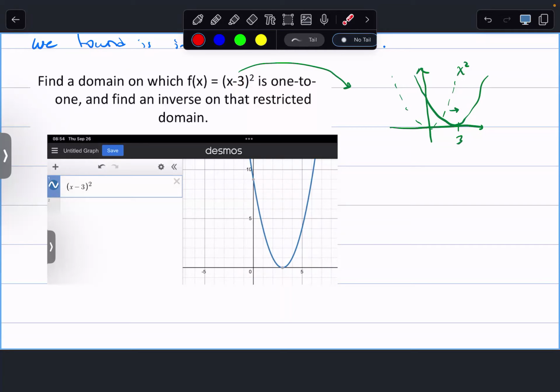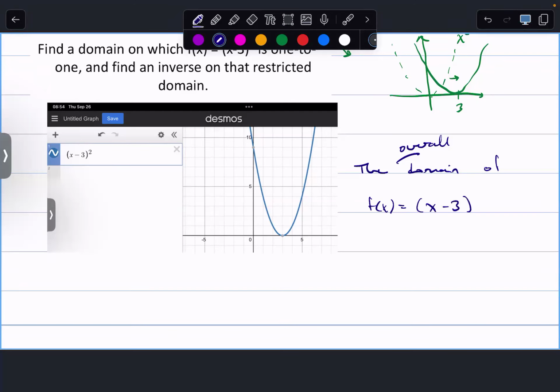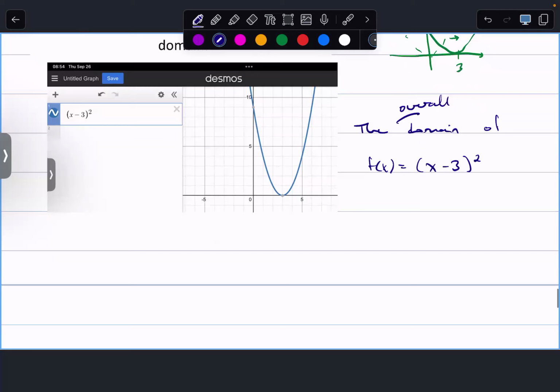There's no restrictions on the domain. So I'll say the overall domain of f of x equal to x minus 3 squared is, now I can't remember if I've introduced the set of real numbers.